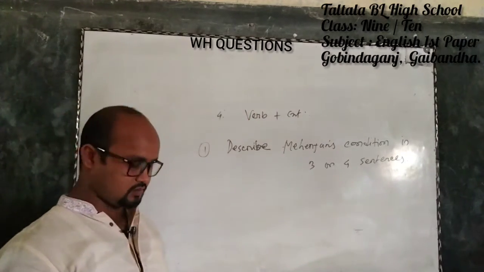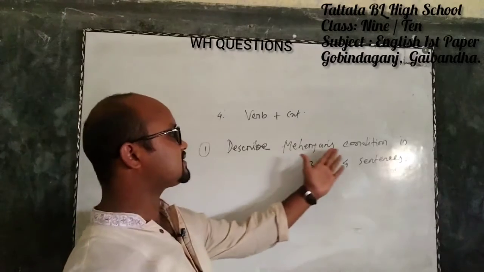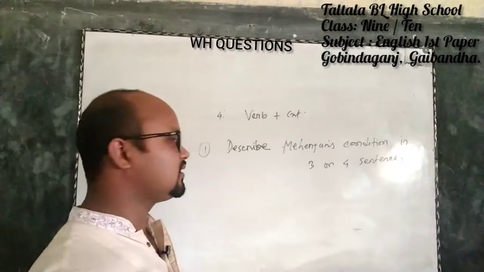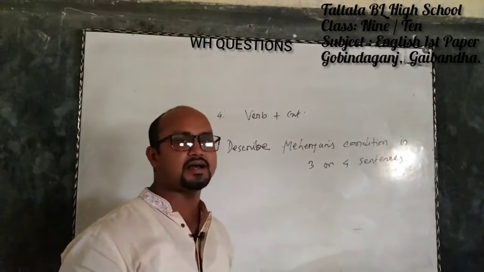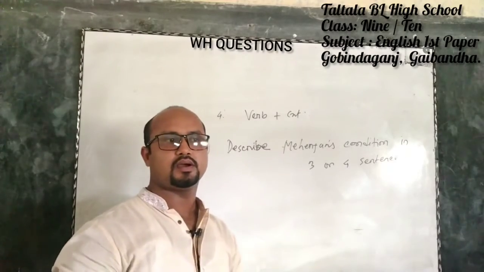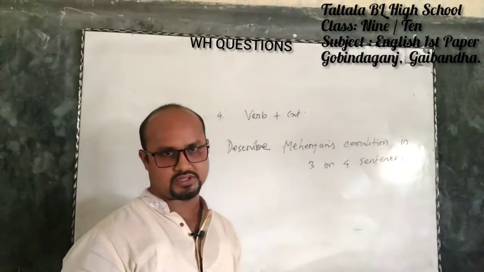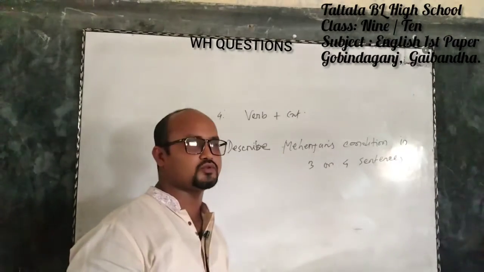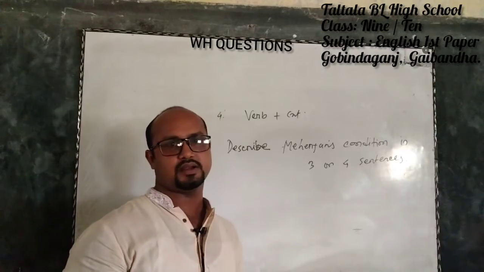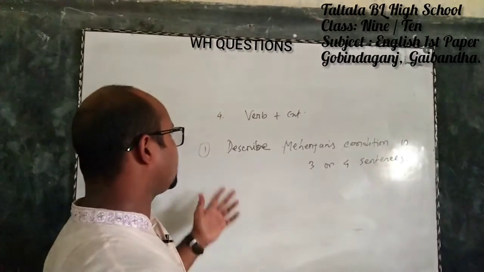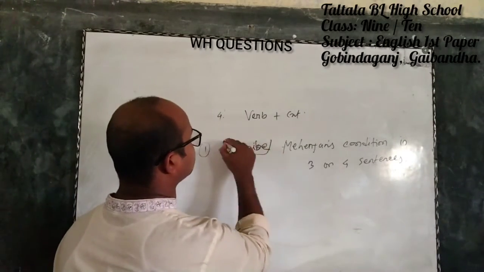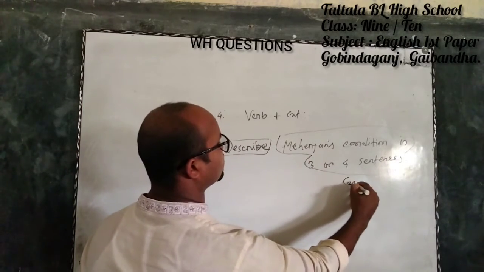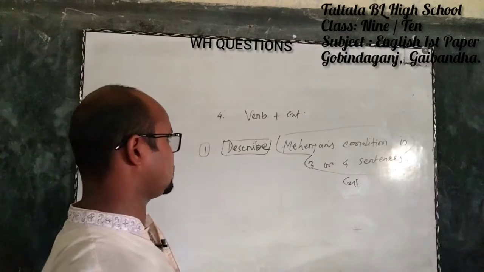There is a question, describe Meherjan's condition in 3 or 4 sentences. In that case, you have to write the answer elaborately. That means in 3 or 4 sentences, you have to write the answer in an assertive sentence. So here the verb is describe, then Meherjan's condition in 3 or 4 sentences is the extension.